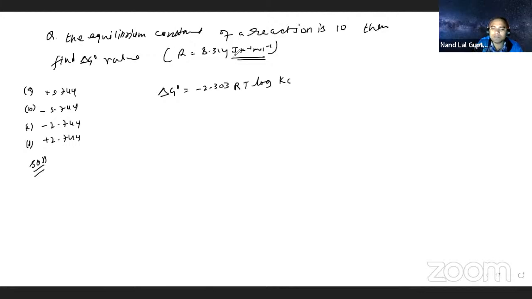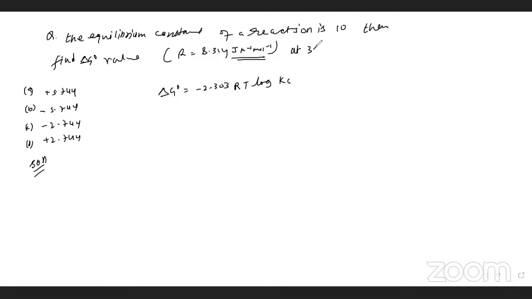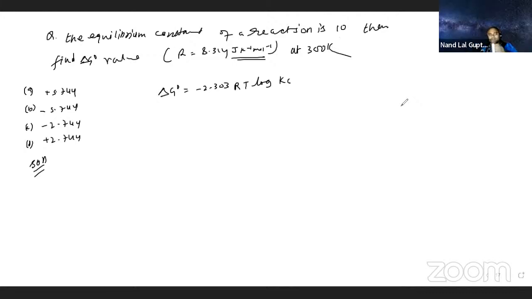It will generally be 298 Kelvin, but here the temperature is 300 Kelvin. Log 10 means 1. Option C I need to take.